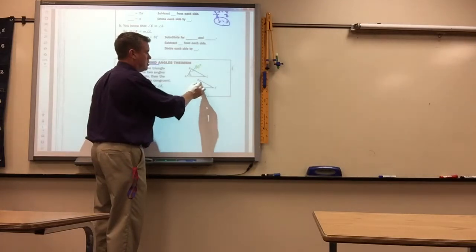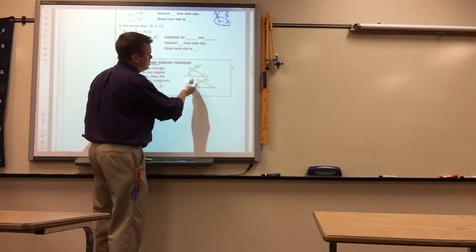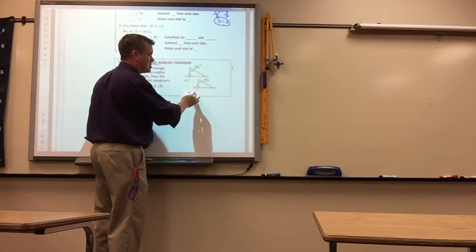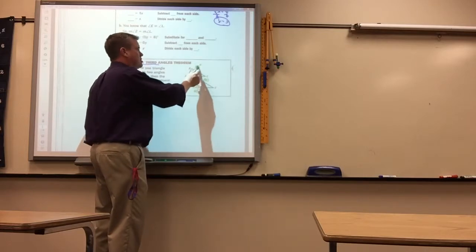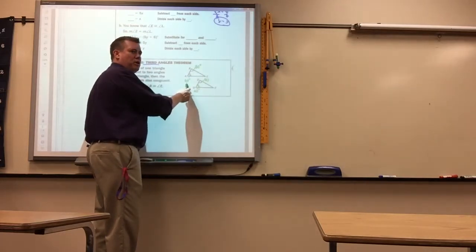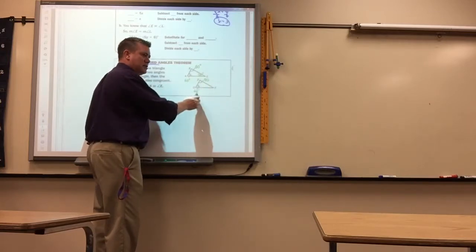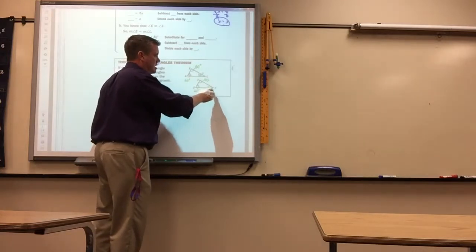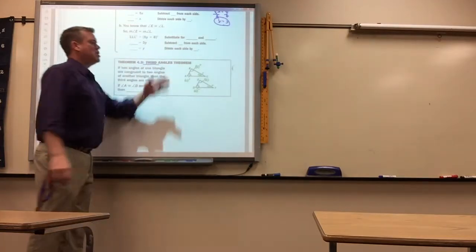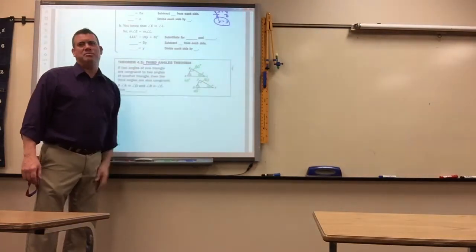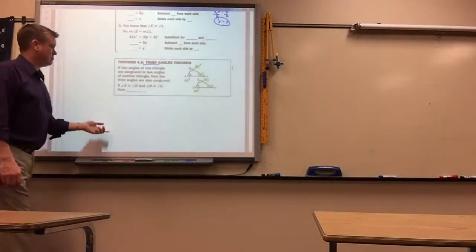Because they're marked as equal. This one looks like about a 60 degree angle, which means this one's got to be 60. So if this is 80 and 60, that adds up to 140, which means this has to be 40. So, if two angles are equal, the third one has to be equal every single time.